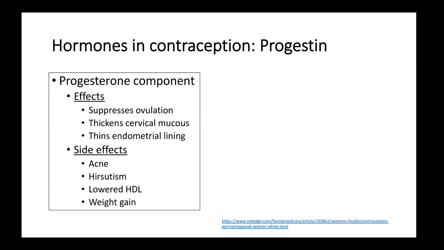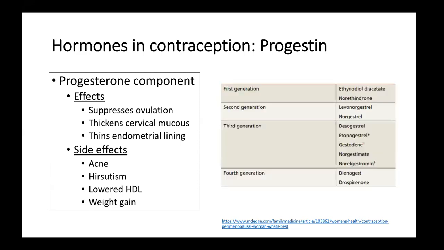And then just to dive into it a little bit more, because this affects how we prescribe things, there are different generations of progestin. So 1st generation through 4th generation, just based on how new they are. Similar to cephalosporins, they have increasing or decreasing thrombophilic activity, although it's still a pretty small absolute risk.